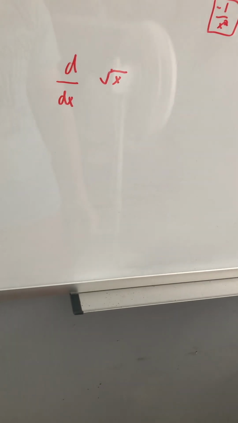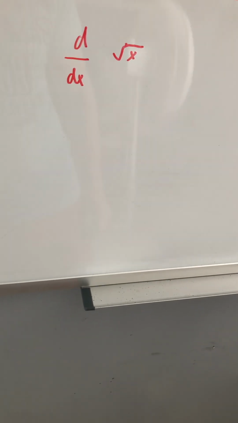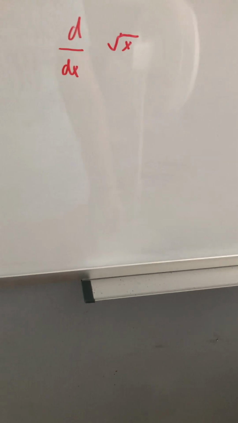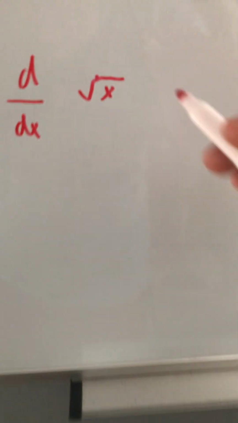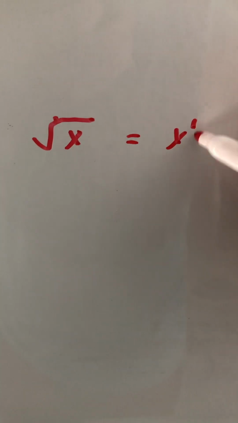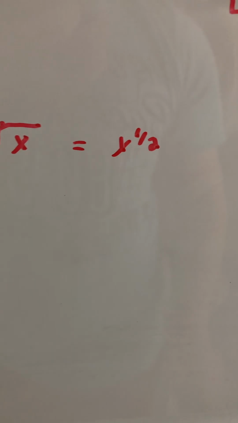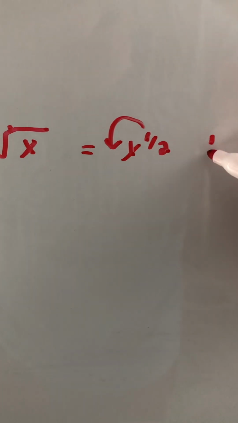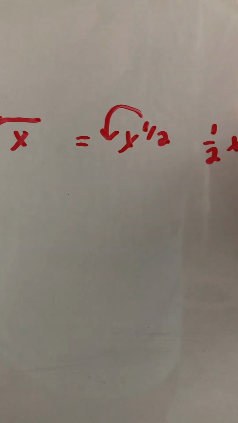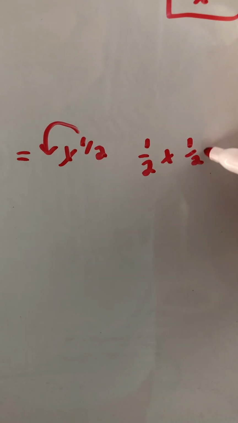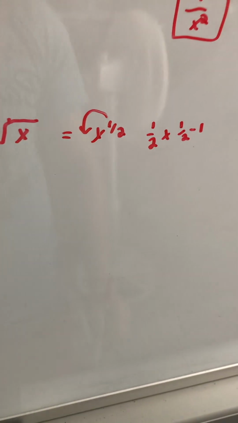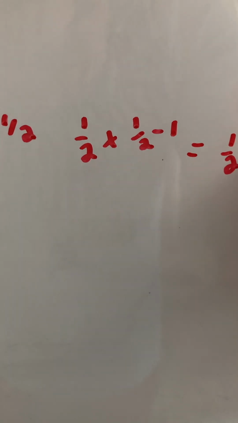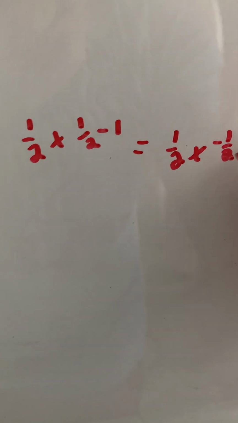Alright, how about this one? Find the derivative of the square root of x. It turns out the square root of x is actually just x raised to the 1/2 power. So I'm going to move the 1/2 in front of the x. So it's going to be 1/2 x, and it's going to be 1/2 minus 1. So I'm going to have 1/2 x raised to the negative 1/2 power.